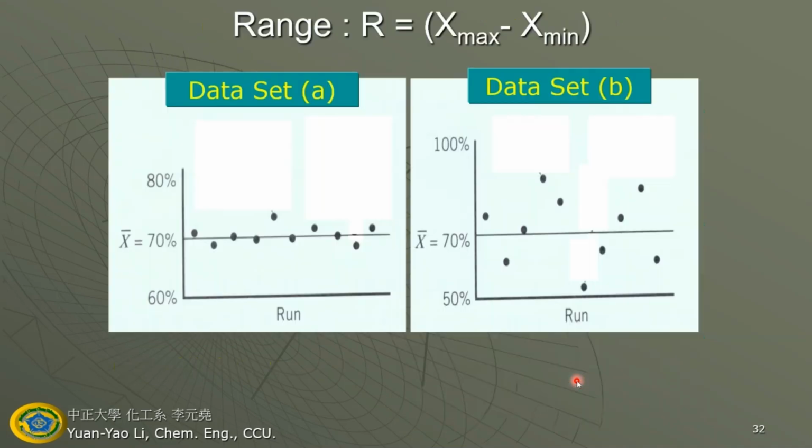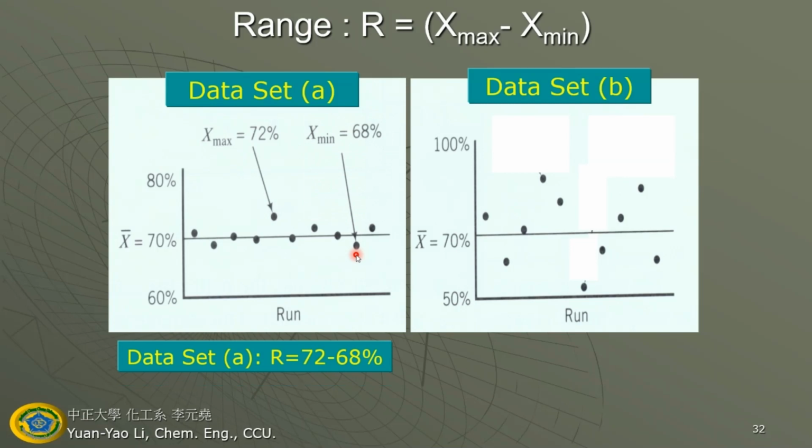Okay. So let me start to talk about this. First one, range. Again, the set A and set B. We need to find out the range, which is the maximum minus the minimum. In set A, the maximum is 72% here, and the minimum will be 68%. So the maximum minus minimum will be 4%. So the range will be 4%.